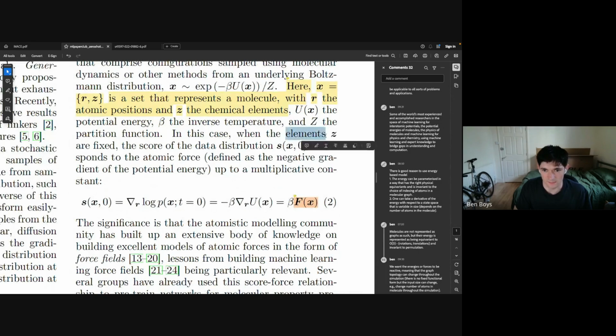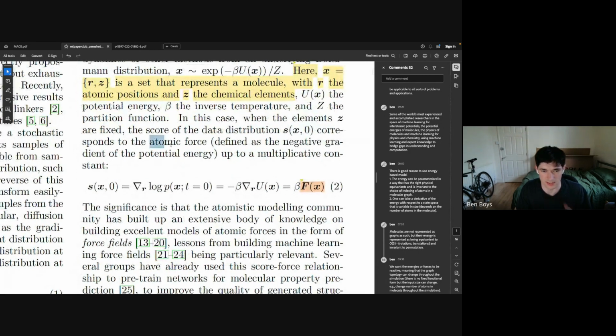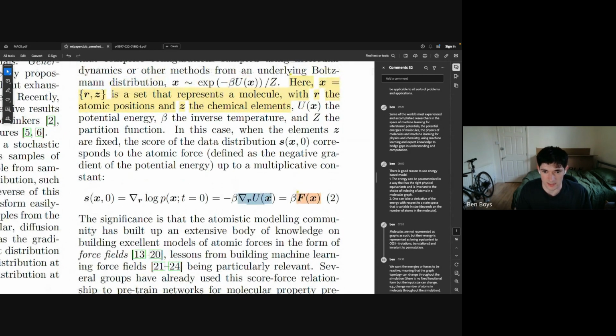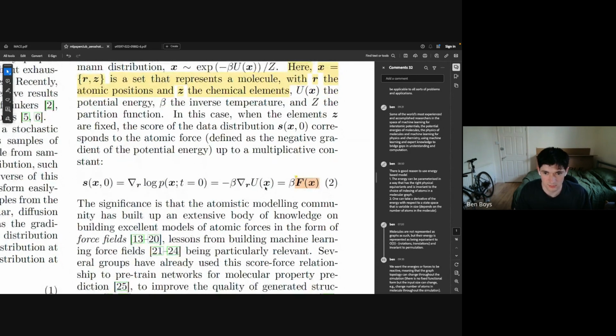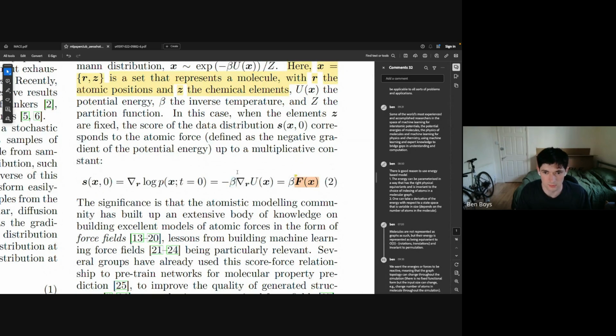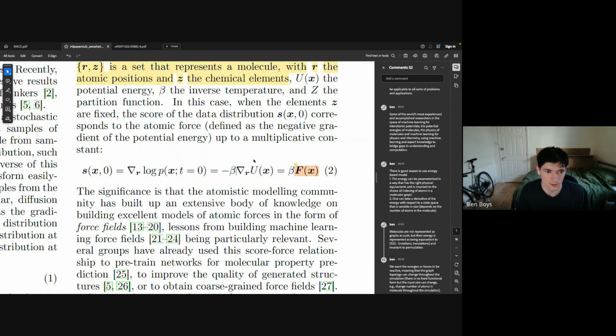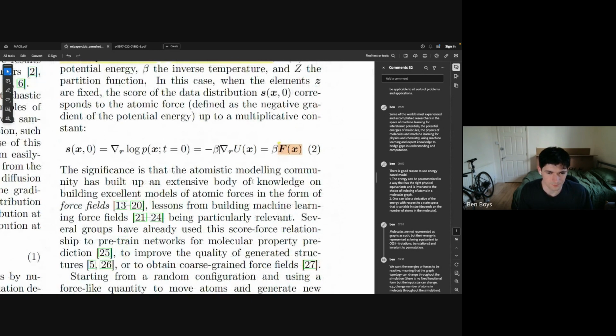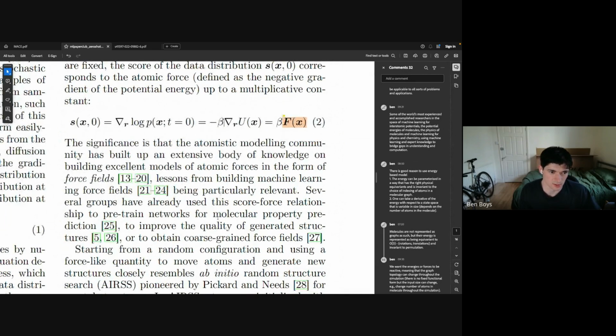So when the elements are fixed, the score of the distribution corresponds to the atomic force, which is the negative gradient of this potential function up to the constant, which is representative of the temperature. Okay, so then the significance is that the atomistic modeling community is built on an extensive body of knowledge, building excellent models of atomic forces in the form of force fields.